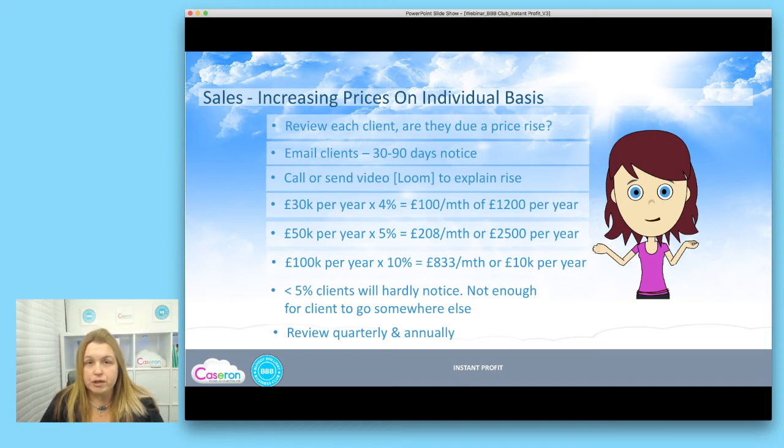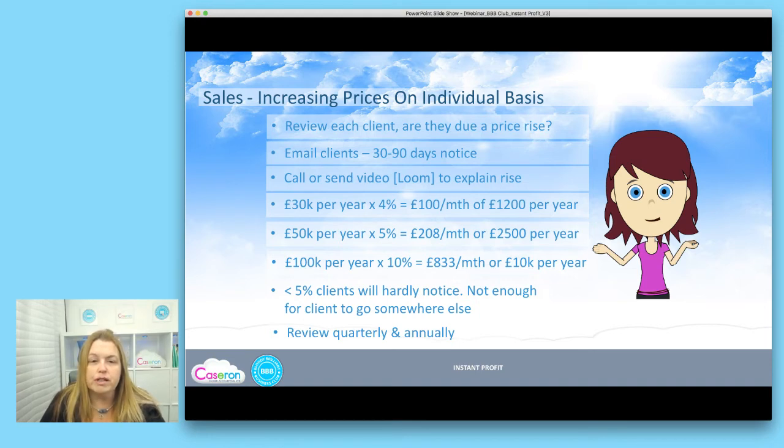My margins are still the same on those clients, even though I haven't increased their prices, or we've built efficiencies in where we've passed that on to the client, especially in today's environment when it's very busy and it's difficult and some people are really struggling. So if we don't raise prices, we're doing it deliberately because we're still maintaining the margins.